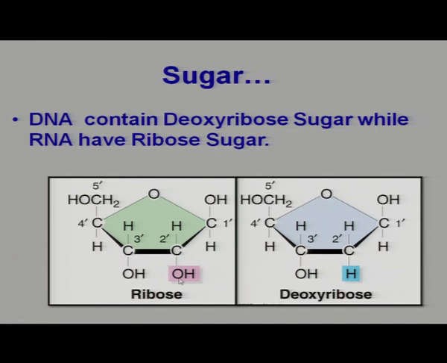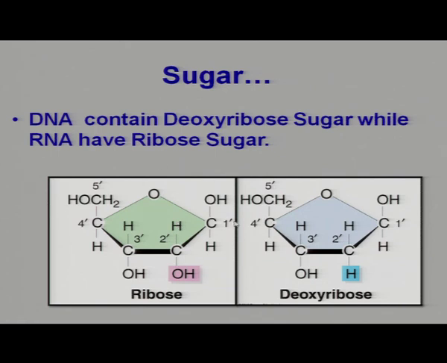In ribose sugar there is a hydroxyl group, OH group, while in deoxyribose sugar at the second carbon there is deficiency of one oxygen molecule, only hydrogen is there. That is why this is known as deoxy, it means deficiency of oxygen at the second carbon, and this is the major difference between ribose sugar and deoxyribose sugar, and deoxyribose sugar is present in DNA. This is one of the major differences between DNA and RNA.